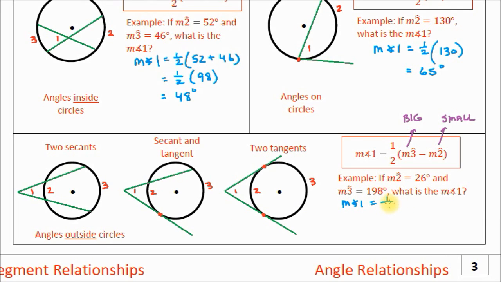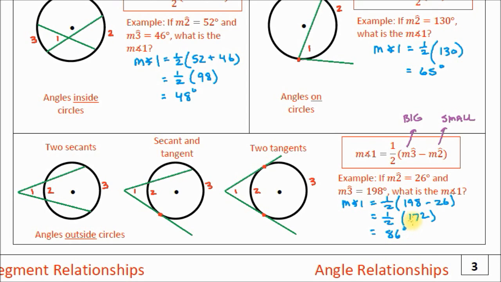That's going to be 1/2 of the measure of arc 3, which is 198, minus the measure of arc 2, which is 26. Let's do PEMDAS. We'll do our parentheses first. 198 minus 26 is 172. And on the calculator, 1/2 of 172 is 86 degrees.